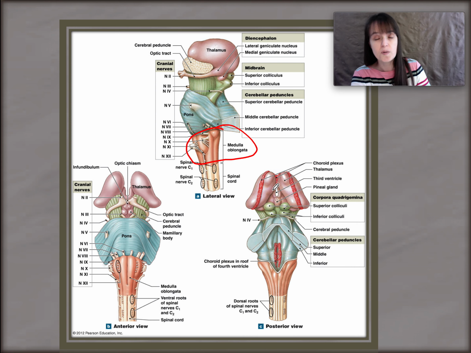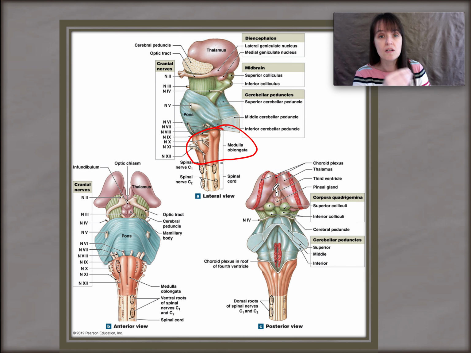It's the third part of the brain stem. The brain stem is, of course, the pons, the medulla oblongata, and no. I'm having a brain fart. The midbrain, the pons, and the medulla oblongata.